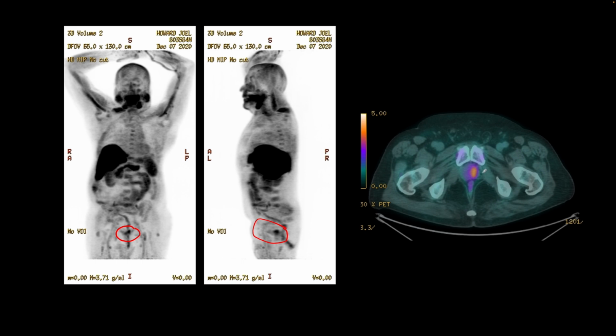And the fused PET-CT image is showing here the focus of increased uptake that was reported as local recurrence at the site of prostatectomy or vesico-urethral anastomosis that was causing their rising PSA.